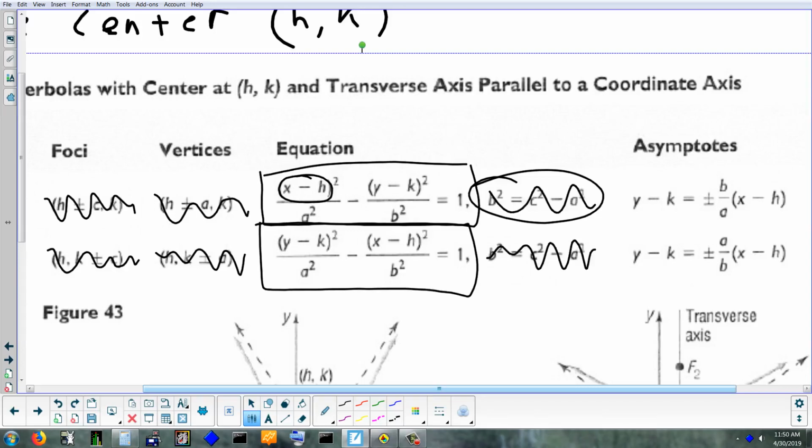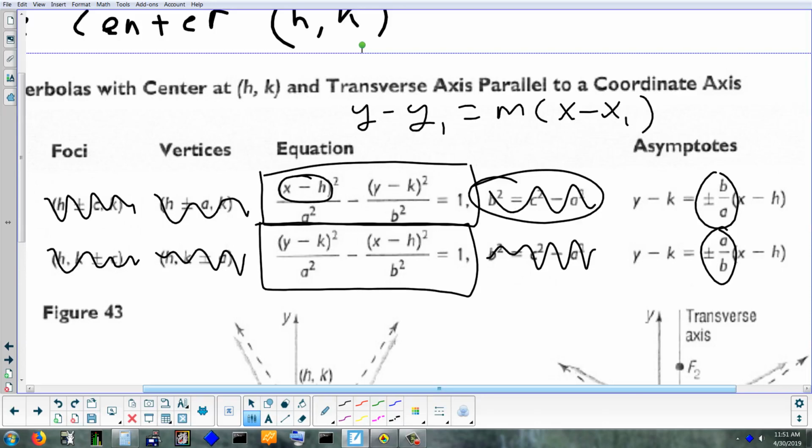And this is the equation for the asymptote. Okay, at first, that looks kind of weird. Well, I still have the b over a and the a over b. That part's the same. But the rest of that, I think of it this way. Y minus y1 equals m times x minus x1. What did I just write down? That has a name. It's not y equals mx plus b. That's called slope-intercept. What is this called?